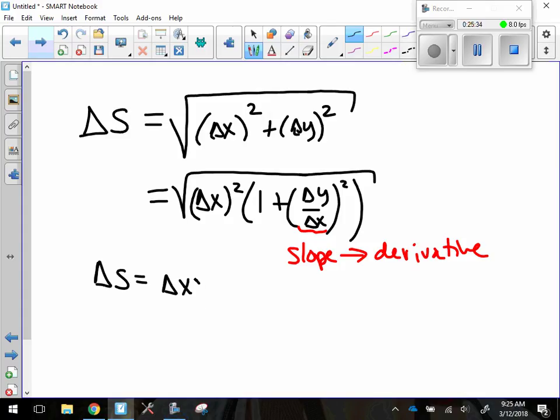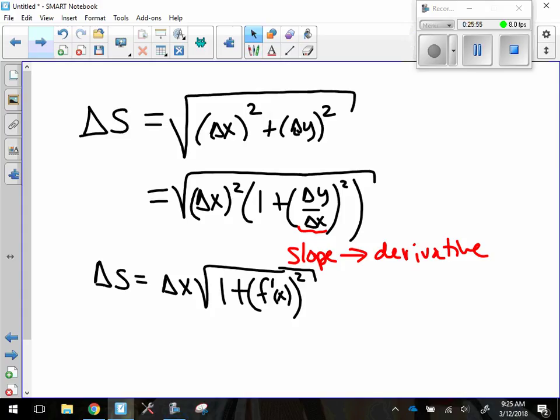So I got delta x times the square root of 1 plus f prime of x squared. Okay? With me? Pretty much just algebra so far.